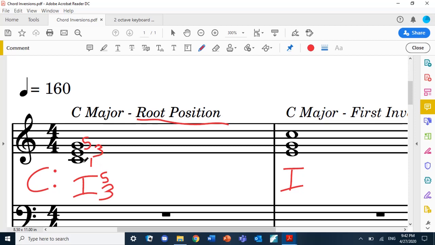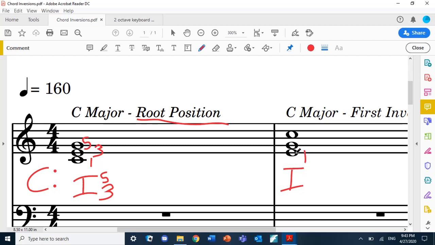Whatever we have for the lowest note in the chord, that's always going to be a 1 when we're marking the notes like this, even if it's not the root of the chord. So right here, we still have a C major chord. C is not the bottom. So the root is not the lowest note, but we're still going to mark that lowest note as 1. Just to be super clear, the lowest note is always going to be marked a 1.